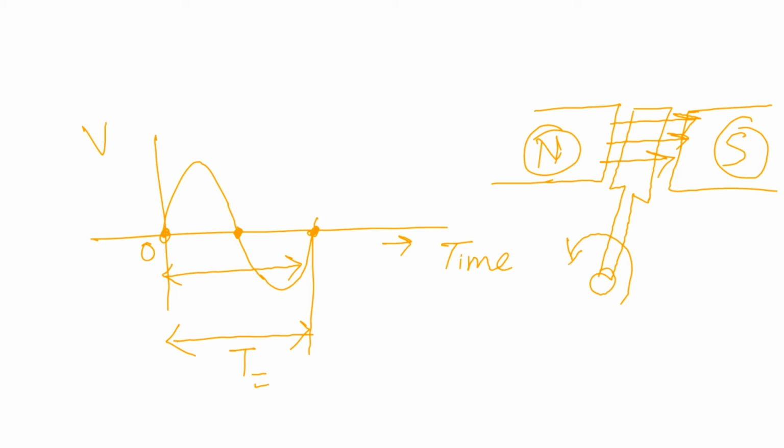When the magnet rotates between these axes, it produces positive and negative lobes. From this point to this point, it produces a positive half cycle. From this point to this point, it produces a negative half cycle.